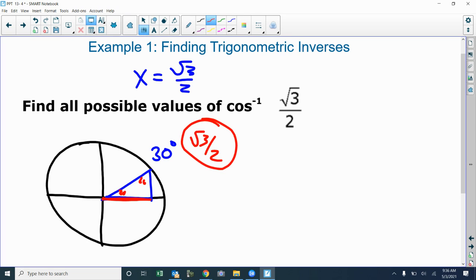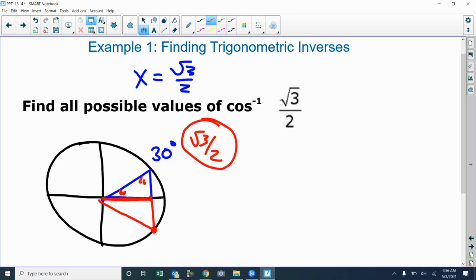Now, find all the possible values. Your calculator is going to give you only one, and there is a second one. Where else is x positive? What other quadrant is x positive? Straight down. So our other angle that's also going to have a positive square root of 3 over 2 has to be in the same family.